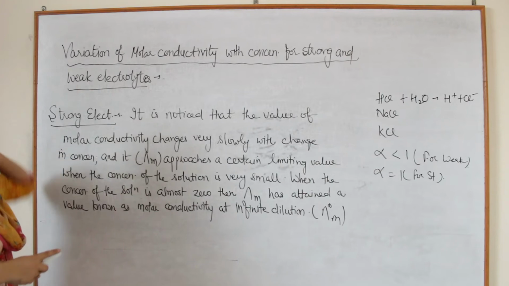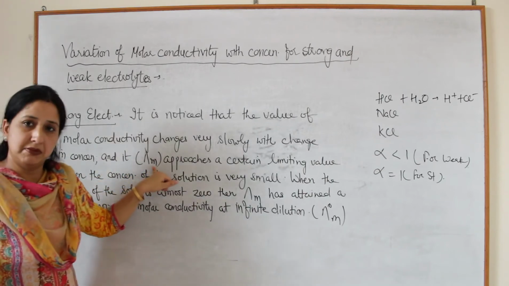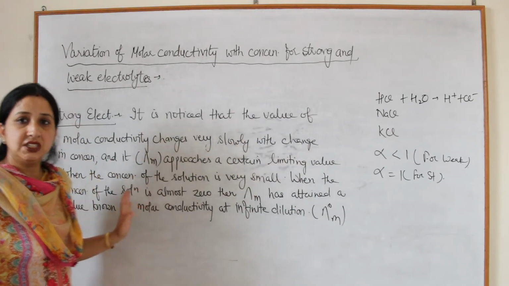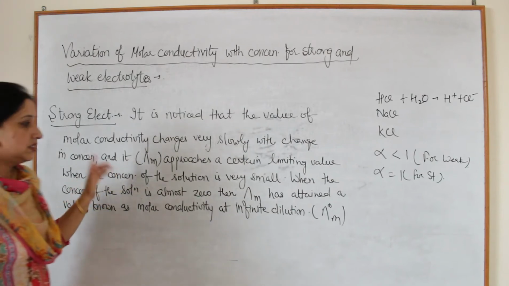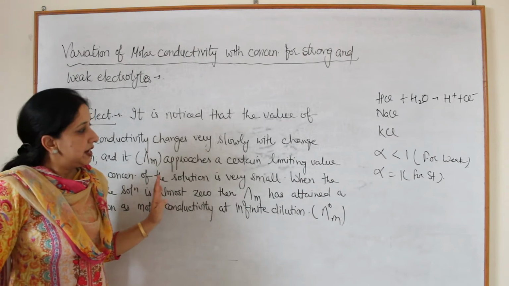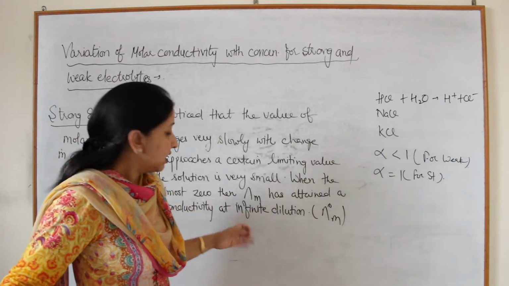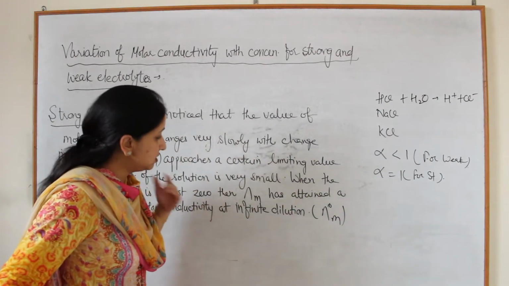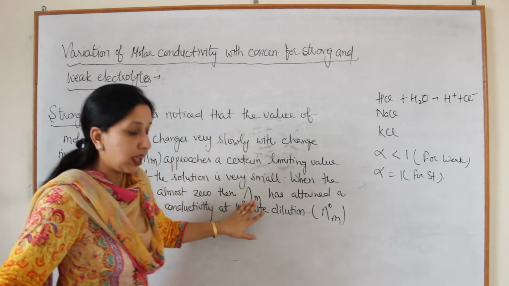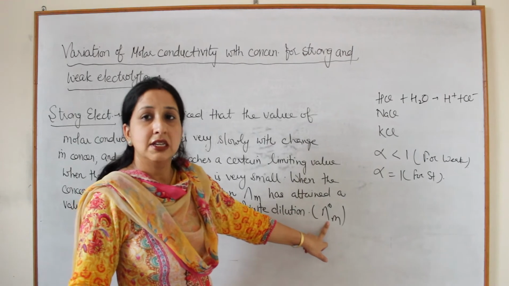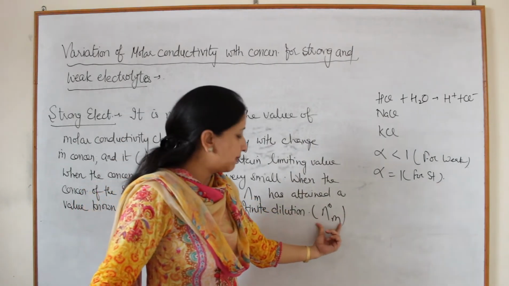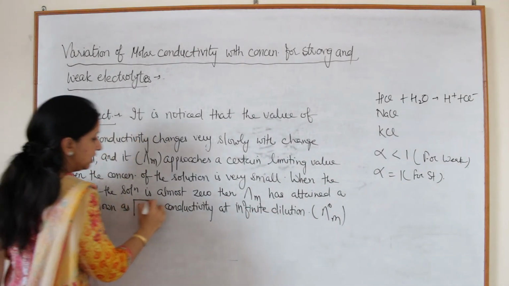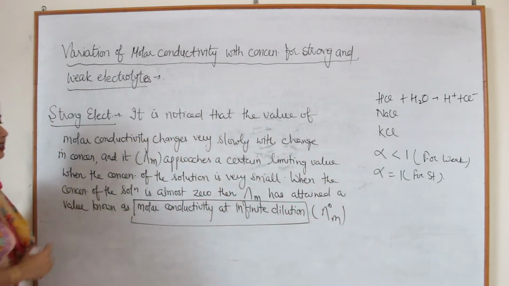So what does it mean? Change in lambda m is very small with change in concentration, and if the concentration is continuously decreasing, lambda m goes on increasing, and when the concentration is almost zero, then lambda m has a certain value known as lambda naught m, and this lambda naught m is known as molar conductivity at infinite dilution.